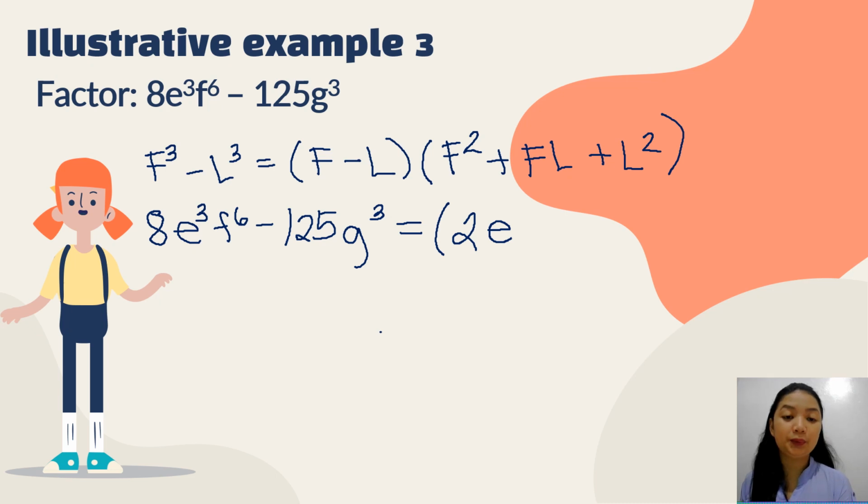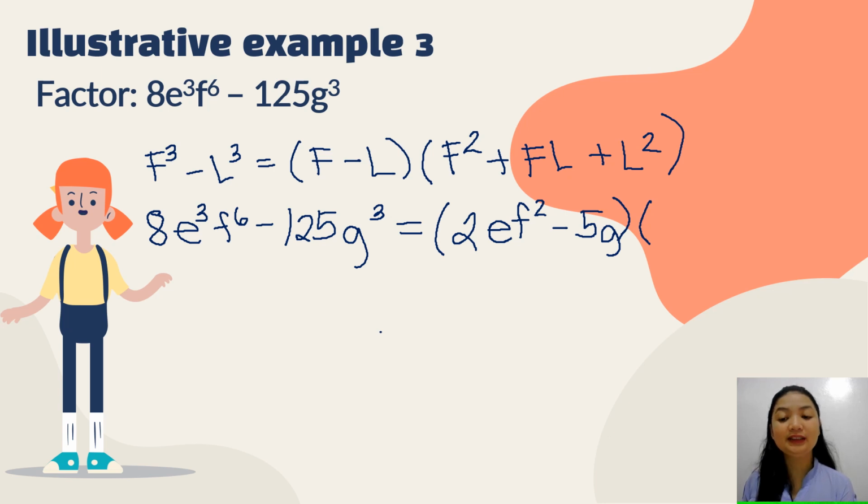In getting the cube root of an exponent, we simply divide it by the root that we are going to get. Say for example, square root, we divide it by 2. This time, since this is cube root, we divide it by 3. So we have 6 divided by 3 will give us 2. So we have f squared. How about the cube root of 125? Yes, that is 5g.